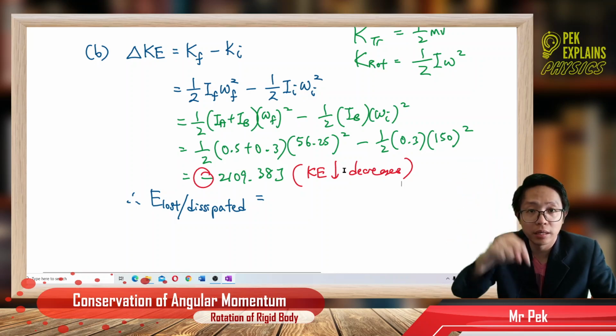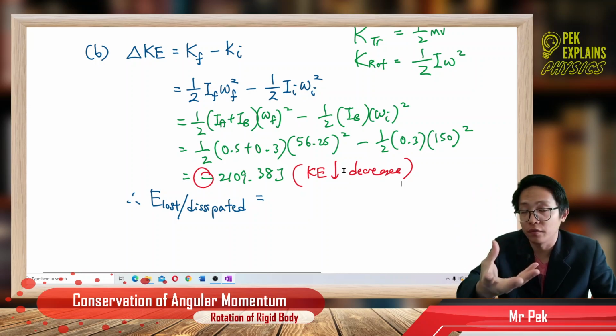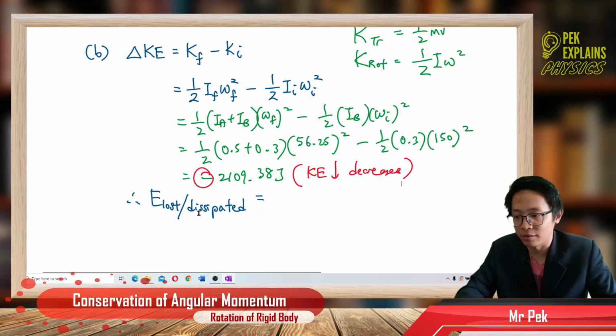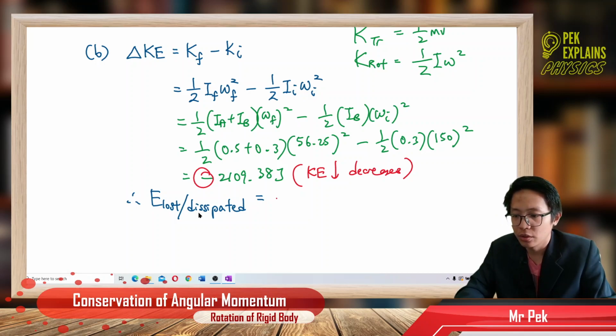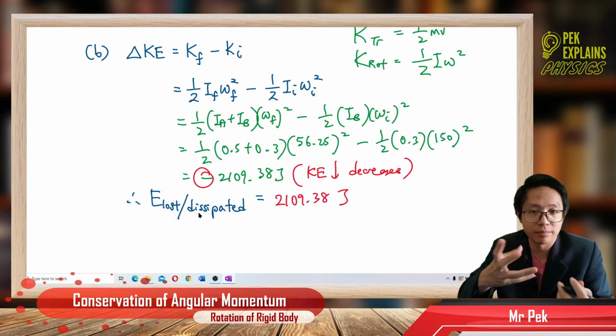Why does the kinetic energy decrease? Because the lost kinetic energy changed to heat energy and dissipated. So for how much energy is lost, we just want the value: 2109.38 joule. This amount of energy is lost.